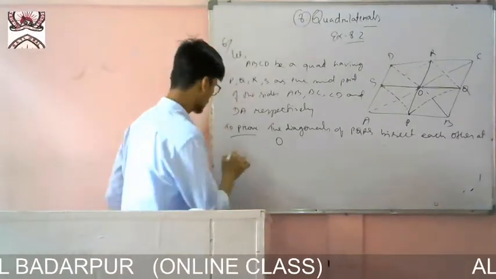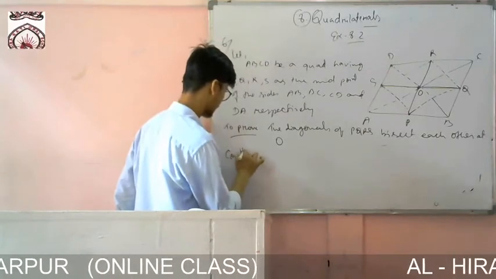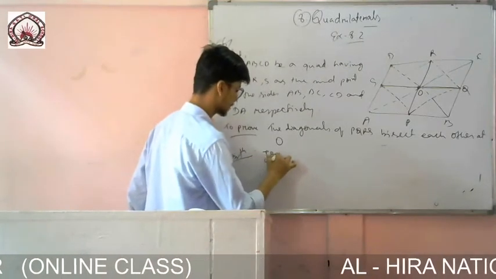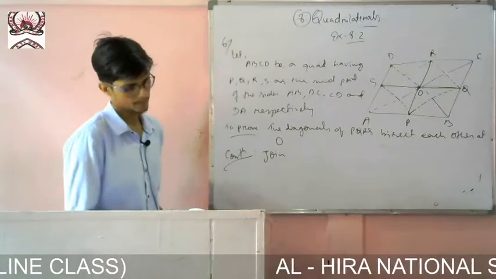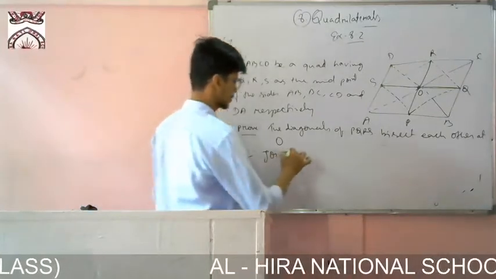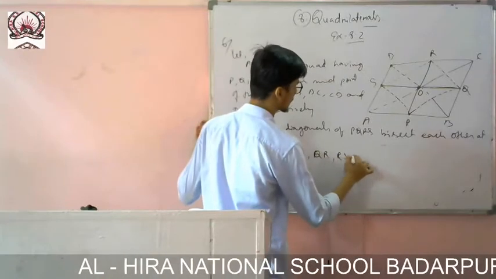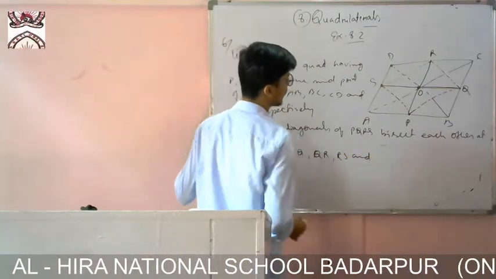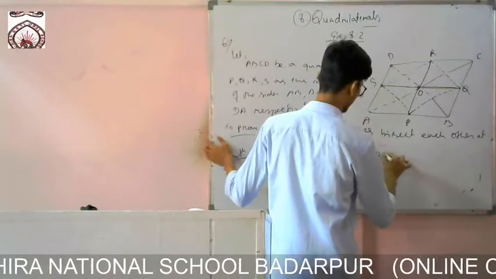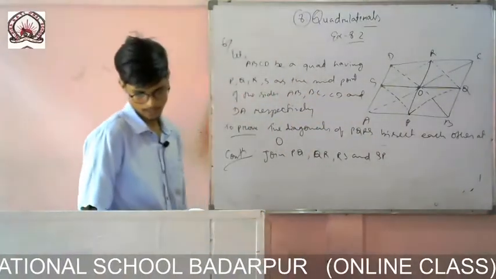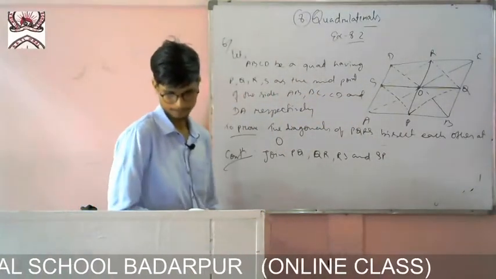Okay, so for this one, what have we done? Construction: join PQ, QR, RS and SP.